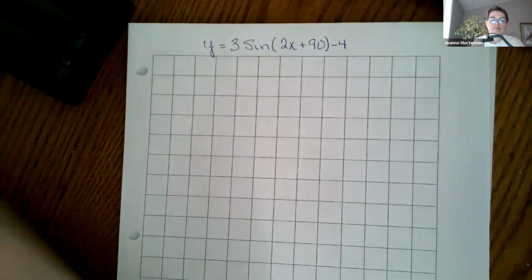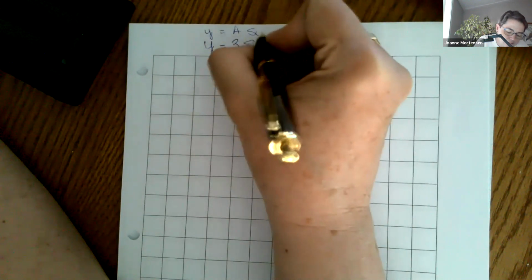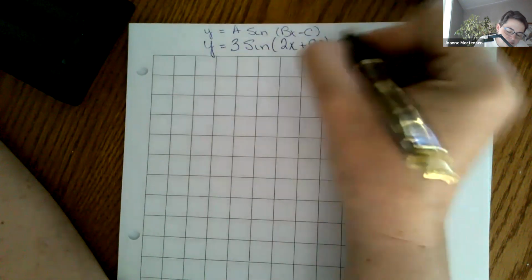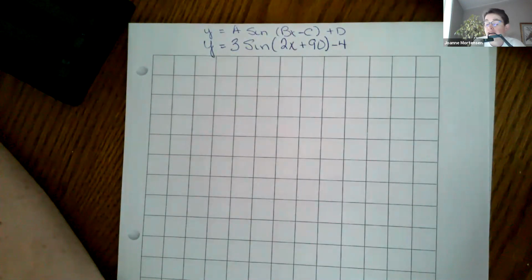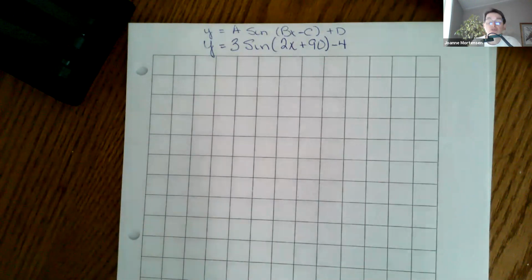Remember, our generic one looks like that. And if you have any trouble at all, I would strongly suggest you just rewrite the generic one right on top, underneath, whatever works, of your question.